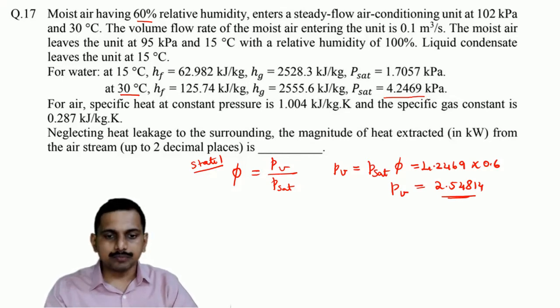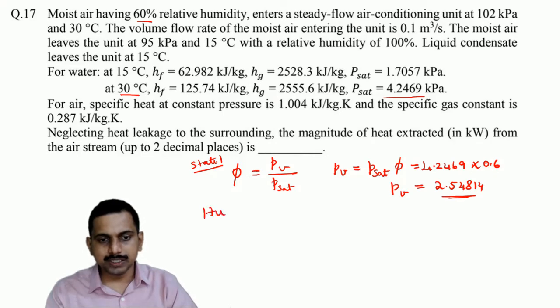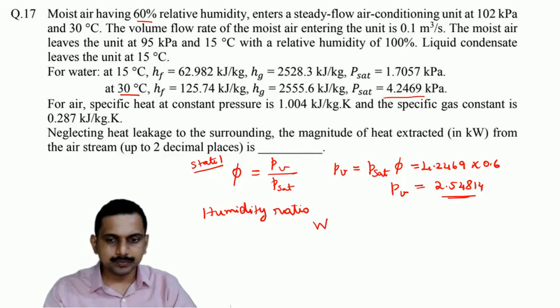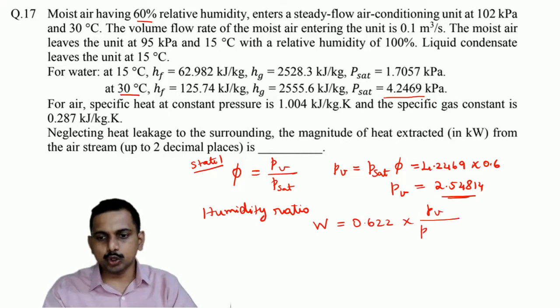Now first of all let us find out the humidity ratio. This is relative humidity and this is humidity ratio. The humidity ratio W is given as 0.622 into pressure of the vapor divided by total pressure minus pressure of the vapor.